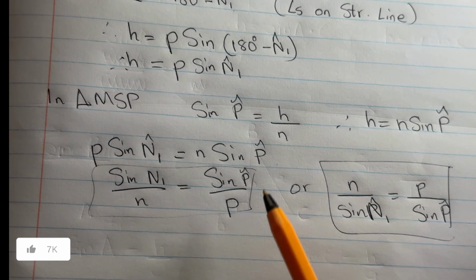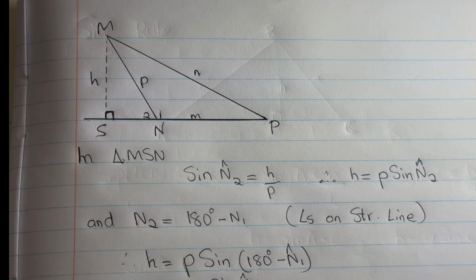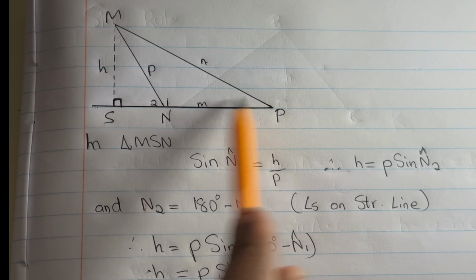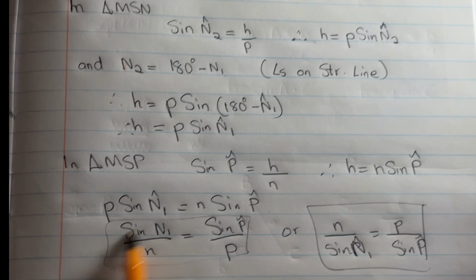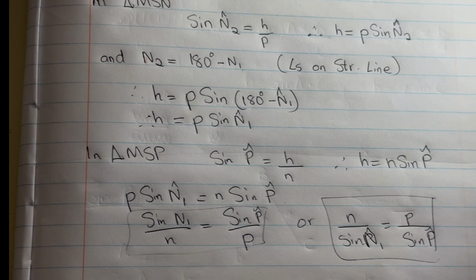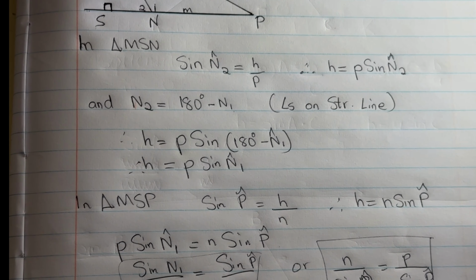So that is how you prove the sine rule for triangle MNP with MS perpendicular to NP. We prove the sine rule like that because we can see that this is the formula for the sine rule. So that was the answer for this question. Thank you.